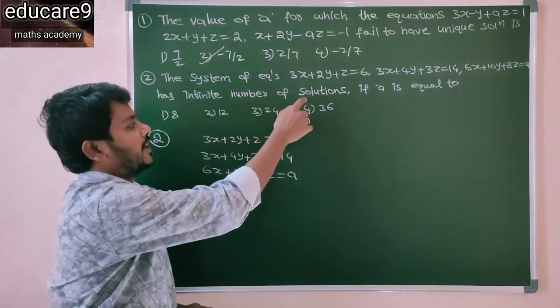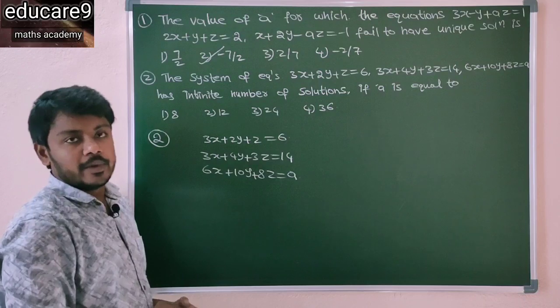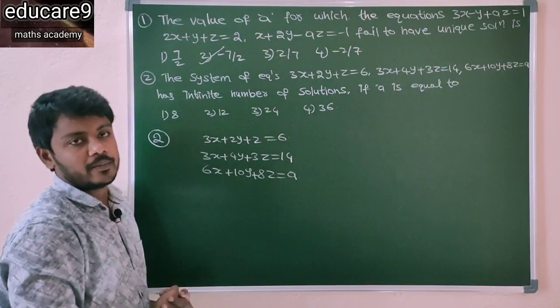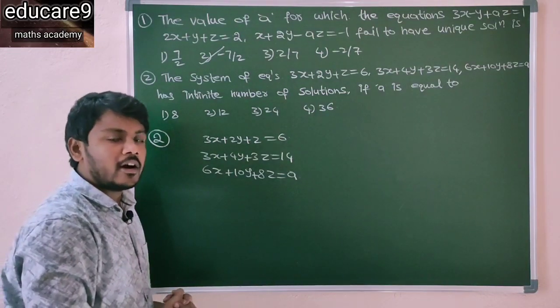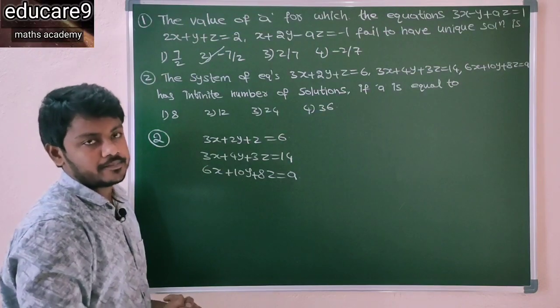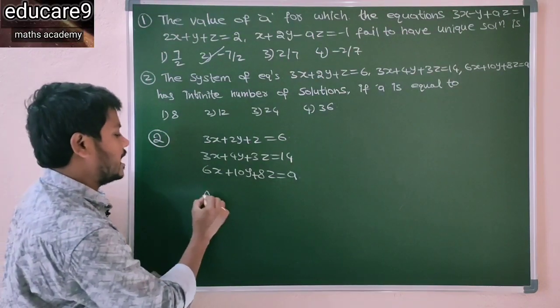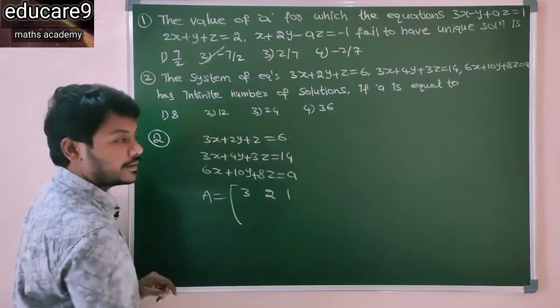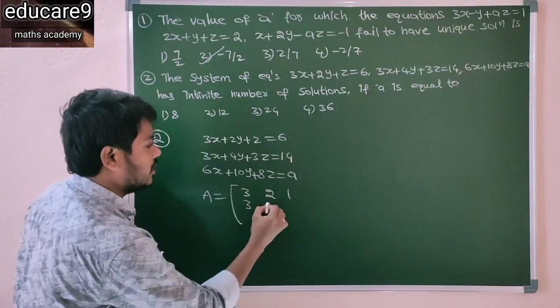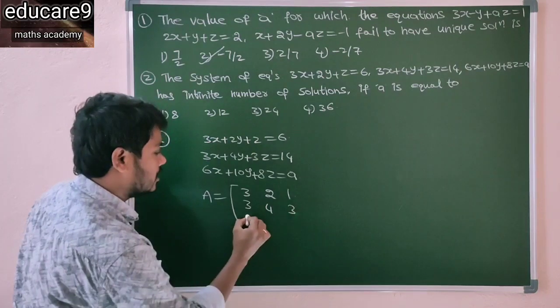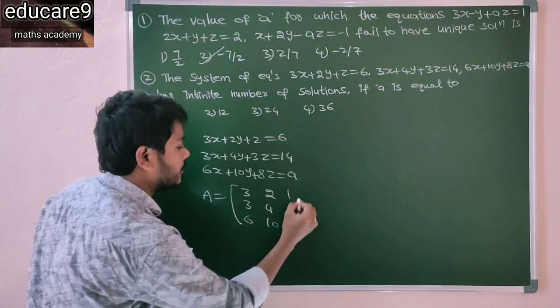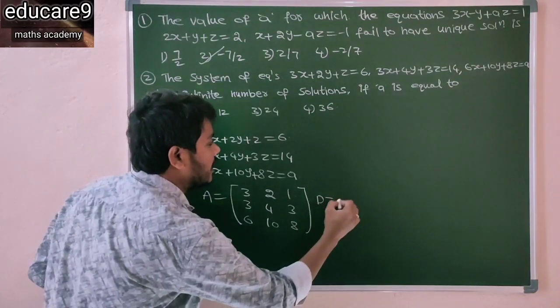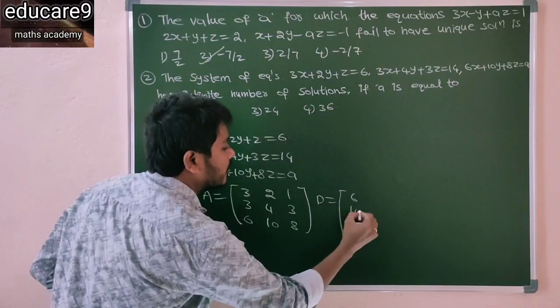So it has infinite solutions, which means determinant of A is 0 or rank of A is equal to rank of AB. See here, what is A? A is 3, 2, 1. Next 3, 4, 3, 6, 10, a. And what is B? 6, 14, a.